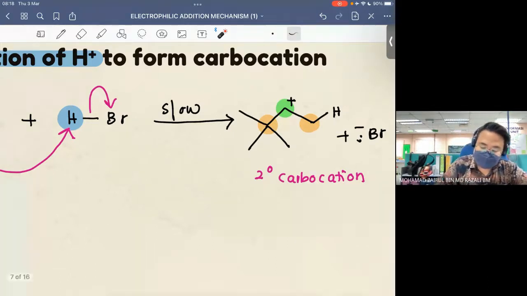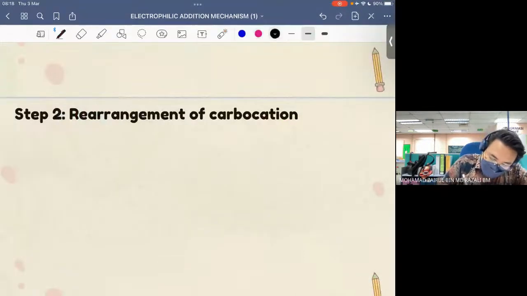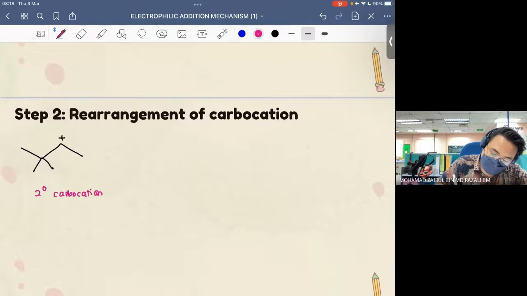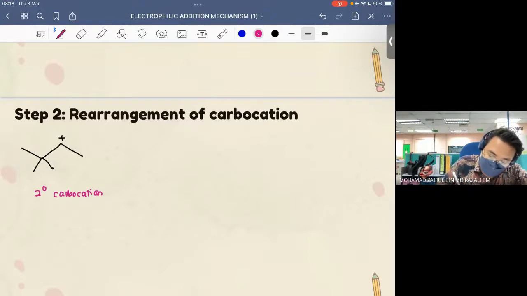So, dia pergi dekat second step. So, yang tadi ini adalah secondary carbocation. So, since saya nak rearrange methyl, so dia akan undergo 1,2 methyl shift. So, apa yang saya buatlah, saya akan rearrange one of the methyl group tu kepada this carbon.